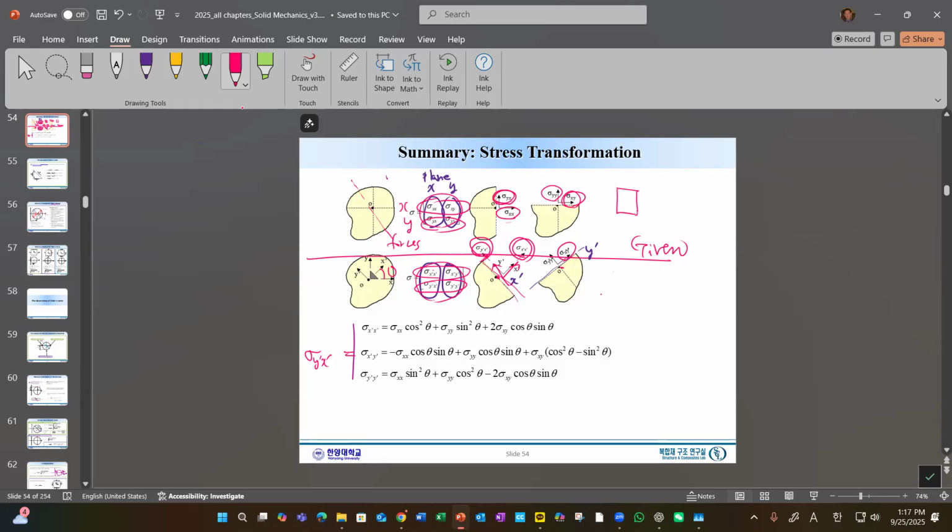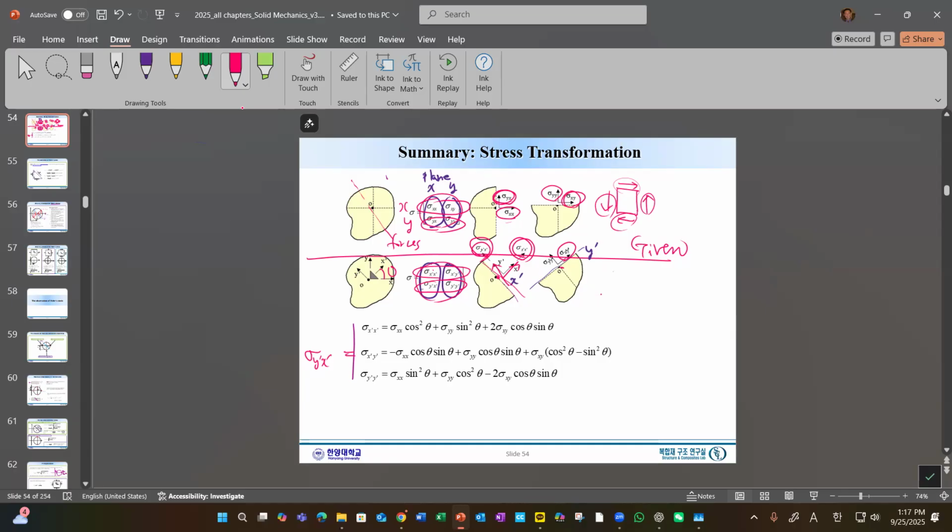Well, this guy we can draw here, and because of force equilibrium, we'll have a reaction like that, and this guy will appear here, and then our reaction will be like that. Now, as you can see, with force equilibrium, this guy will be the same, and that guy is the same.